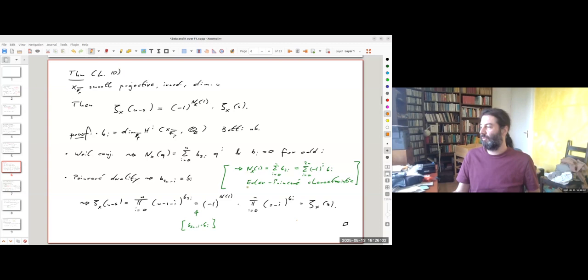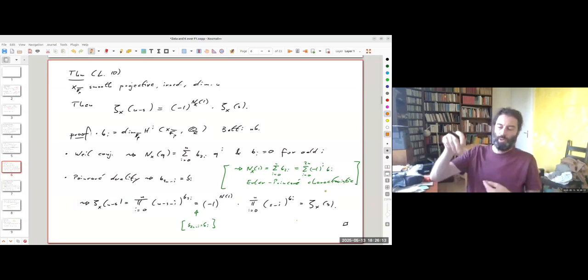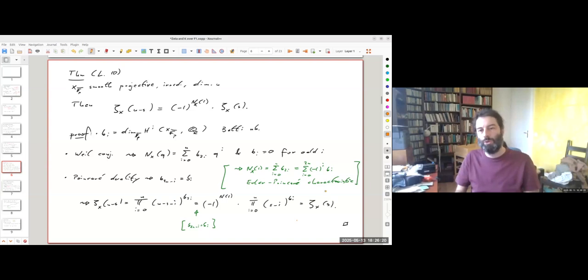So you see N_X(1) is really the Euler characteristic, in this case of l-adic cohomology. But if the variety is smooth projective, say over the integers, we have these comparison theorems of l-adic cohomology with complex, say de Rham cohomology or singular cohomology. And this would be equal to the Euler characteristic of the complex variety. So it doesn't matter which cohomology theory we use here.